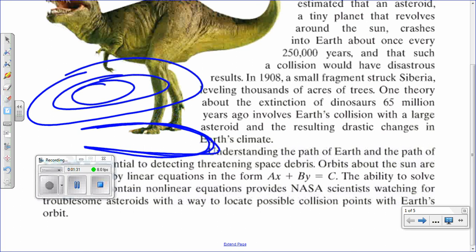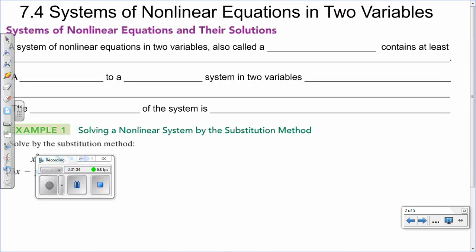As you know already from section 7.1, the solution to a system is the intersection of the two equations. Let's complete this by filling in the blank.